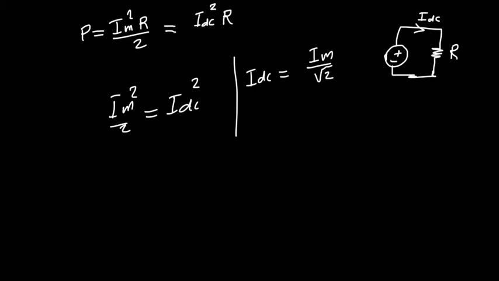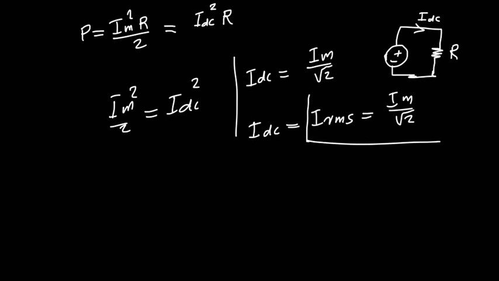We can call this I DC as I RMS, that is equal to Im by root 2. This is the definition of RMS current: Im by root 2.